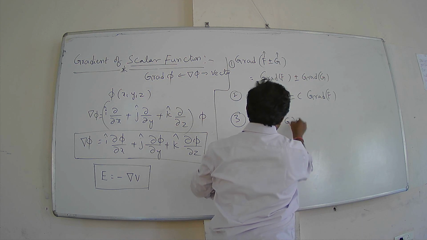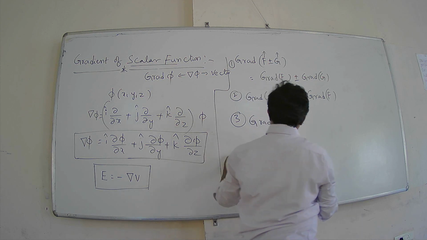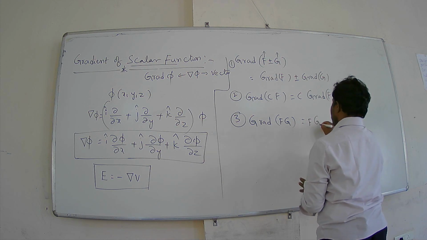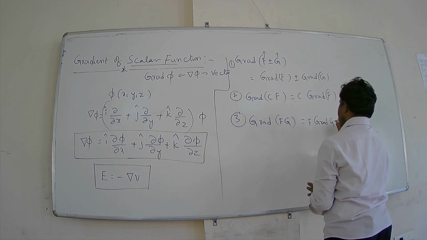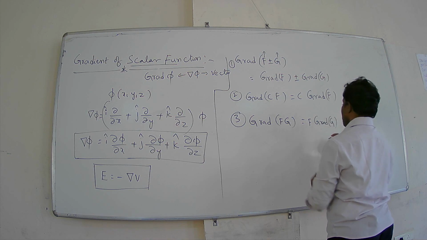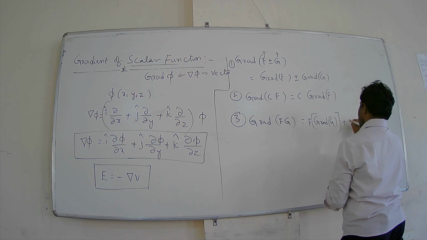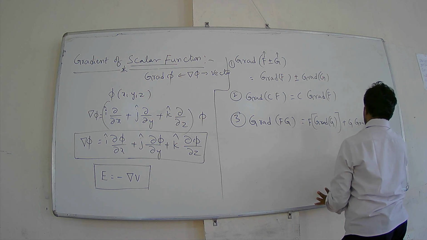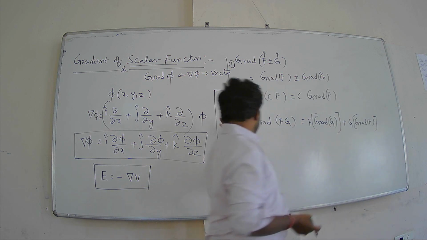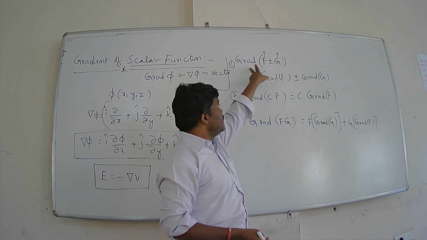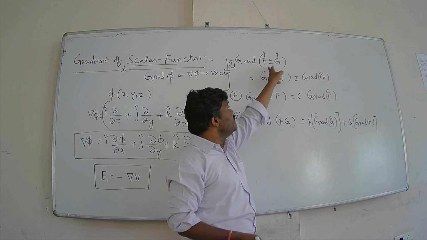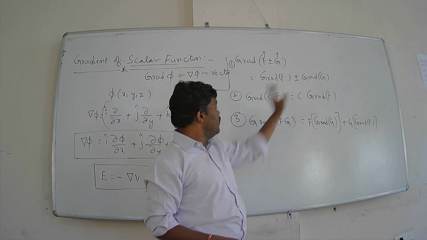If you take f into g, it is f times grad g plus g times grad f. So this is another property.